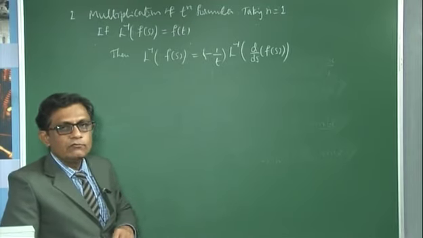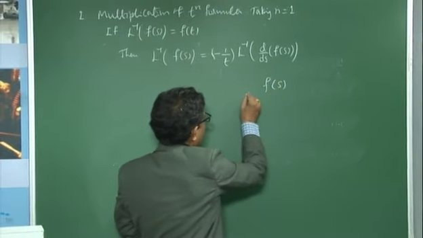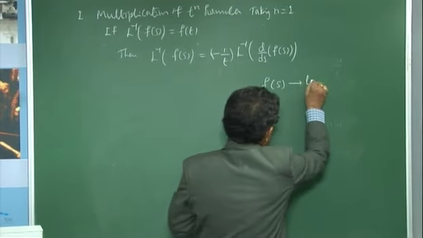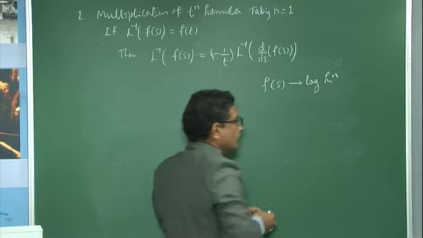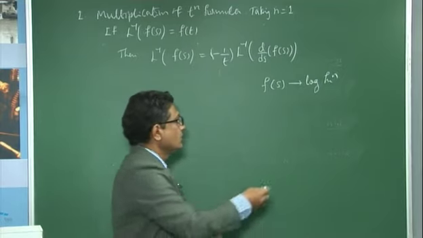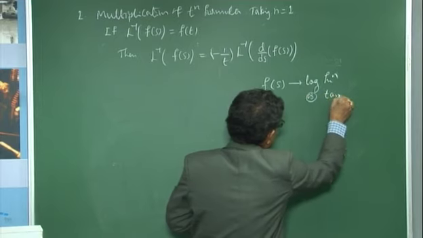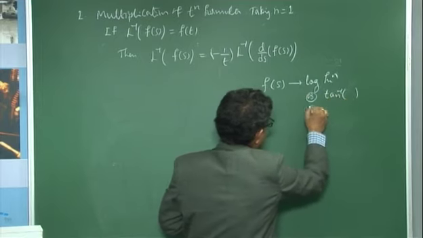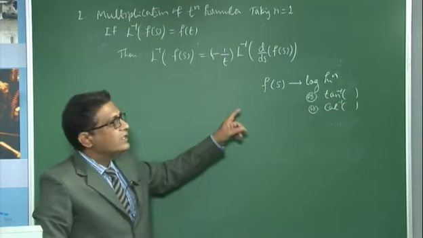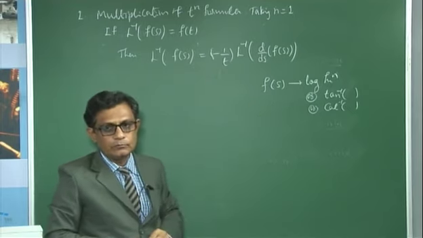When the given function f of s is a logarithmic function, or tan inverse of some function, or cot inverse, then you can use this formula to find the inverse Laplace transform.